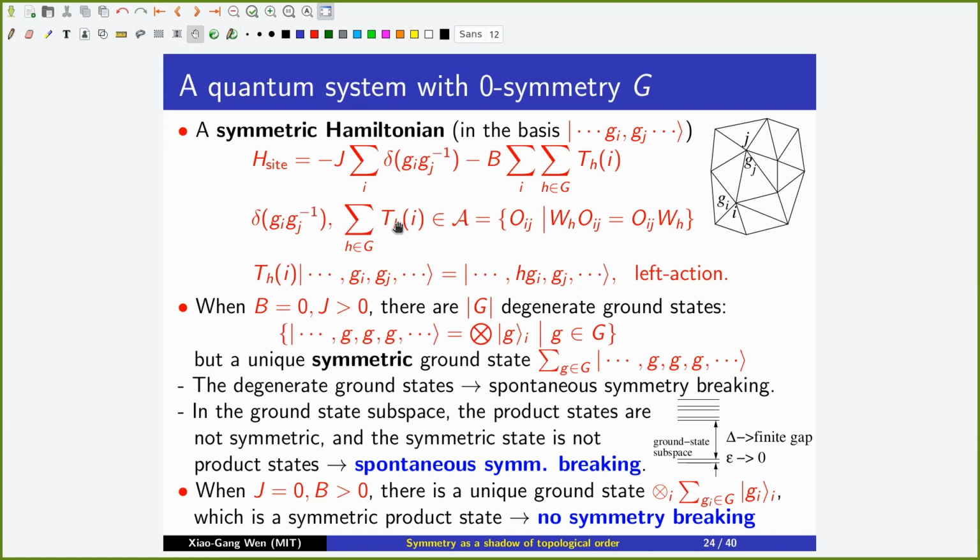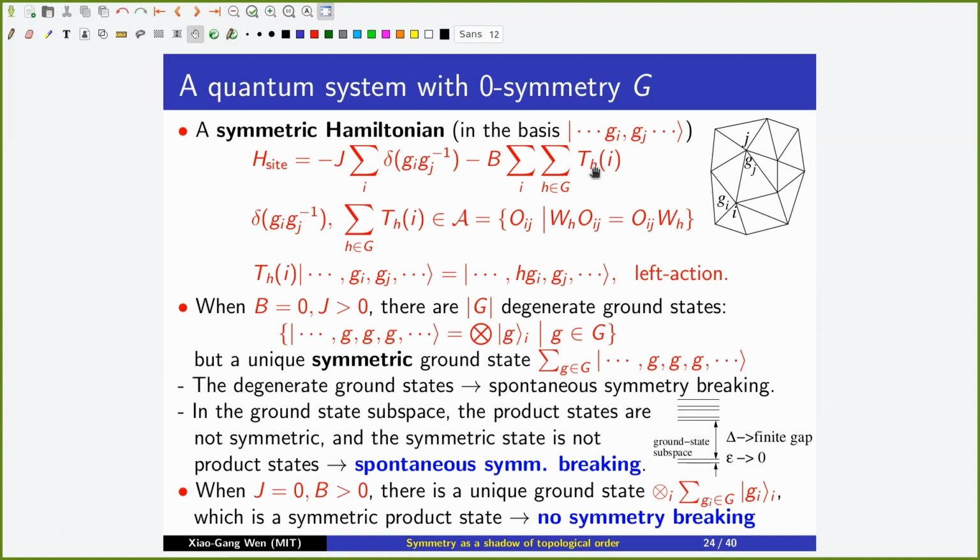And then we can construct a Hamiltonian using these two operators, the sum of the delta and the sum of T, to get a symmetric Hamiltonian. Okay, so this is one way to get a Hamiltonian with a G symmetry. This is the preparation.